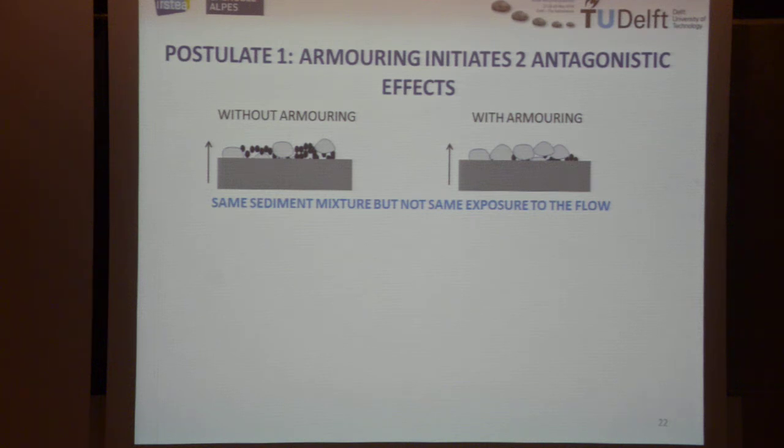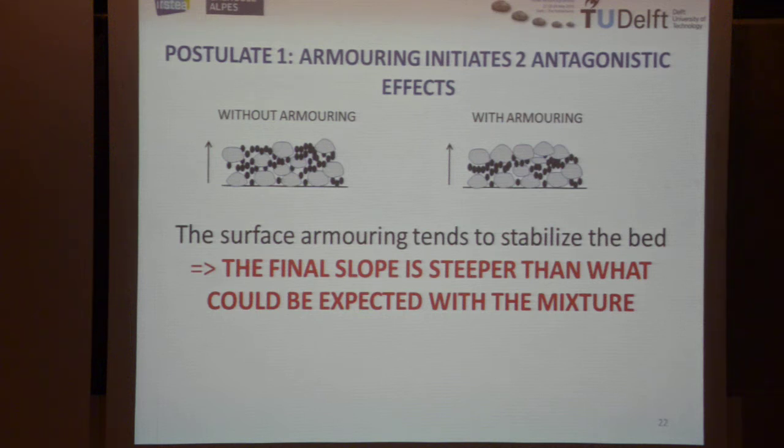In both cases, we will have the same mixture of sediment, but a totally different exposure to the flow. This exposure, this protection of the bed by the coarse structure, would lead to a slope which is much steeper with an armor than without armor.